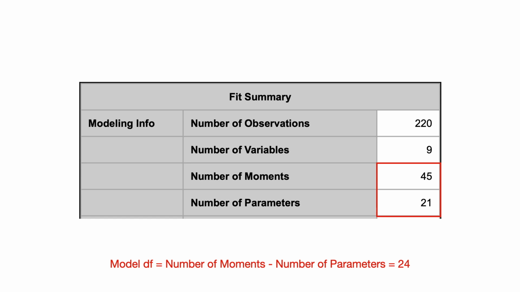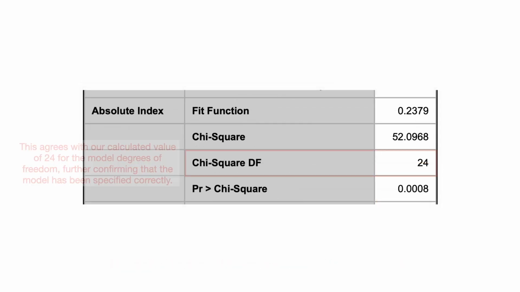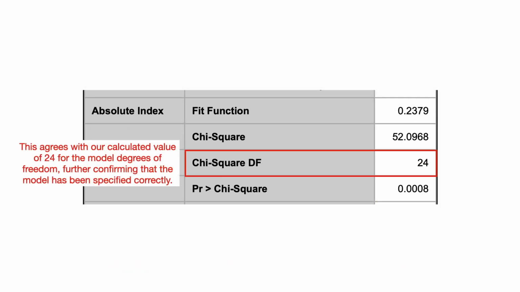And recall that the number of degrees of freedom associated with a model is going to be equal to the difference between the number of moments and the number of parameters. In this case, we've got 45 minus 21, or 24, model degrees of freedom. We also see this in the next table, and this corresponds to what we calculated previously.